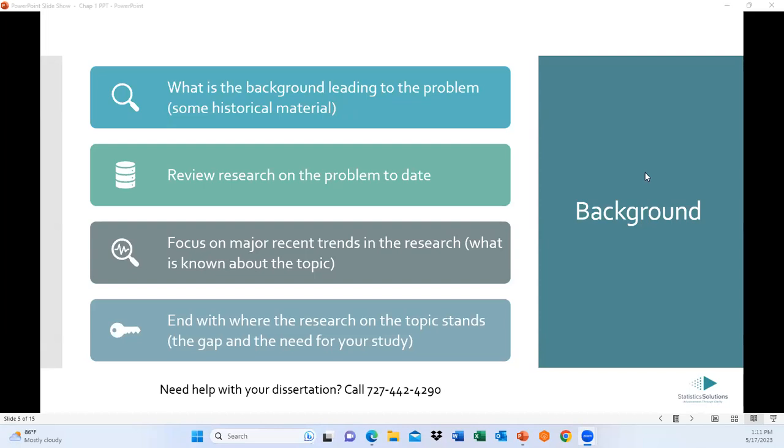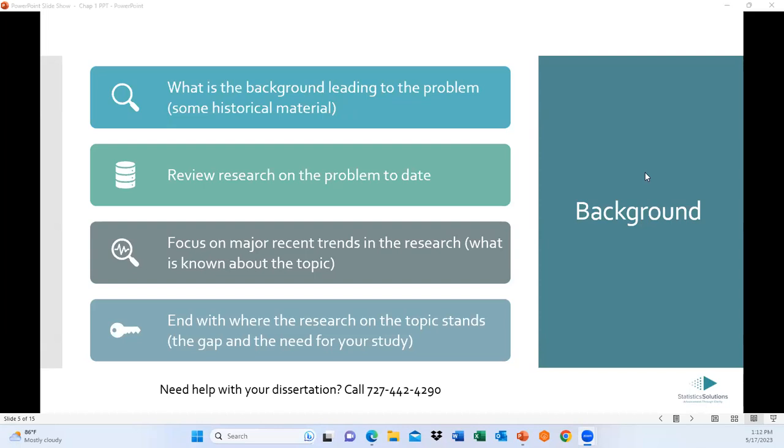So it's going to include some historical material, and you don't need to get really detailed in studies here, but you do need to hit some major research along the way. So you're talking about the topic: this issue of special education teachers leaving the field, when did it start, what were the ups and downs in it, what are the currents in the problem? But it's also about the research too, not just the problem itself.